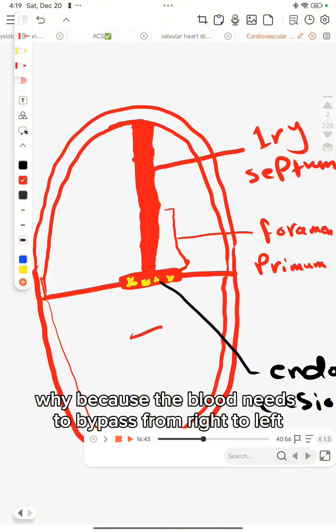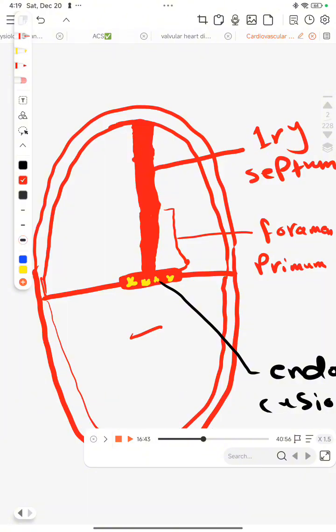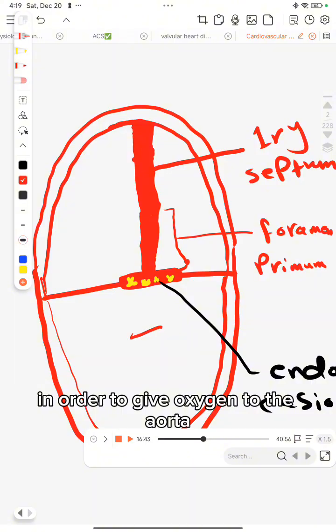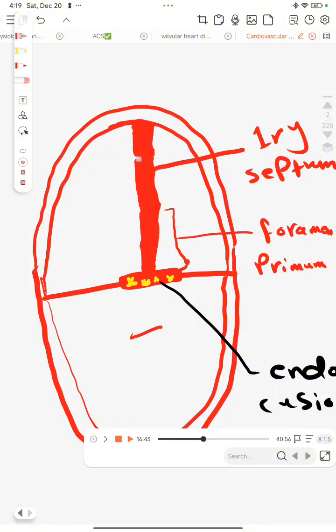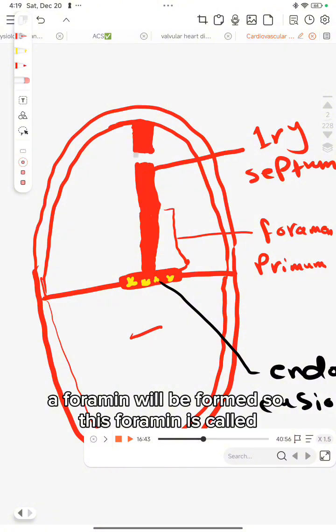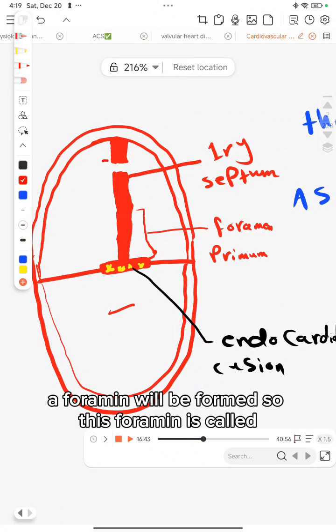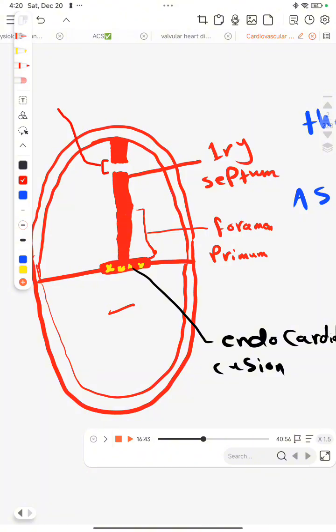Because the blood needs to bypass from right to left in order to give oxygen to the aorta and go to the rest of the body. So by apoptosis at the upper portion of the septum primum, a foramen will be formed. This foramen is called foramen secundum.